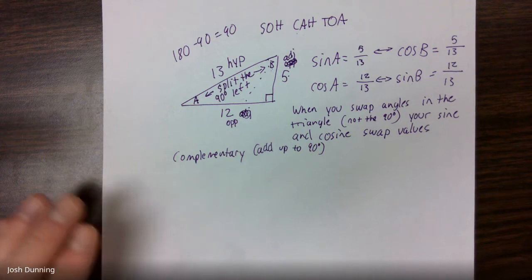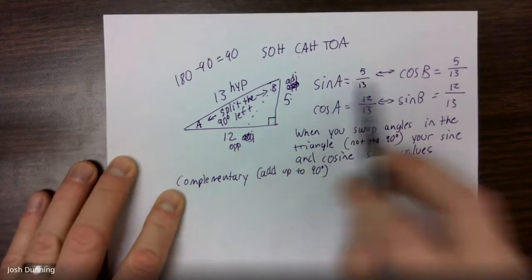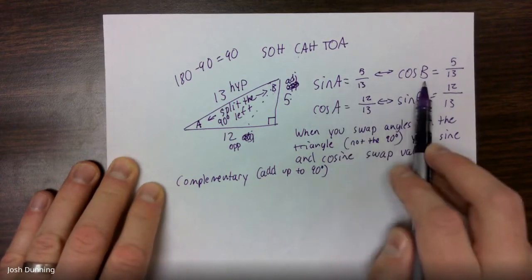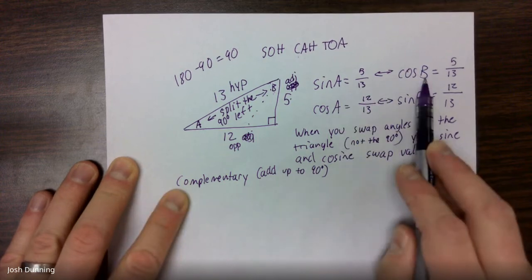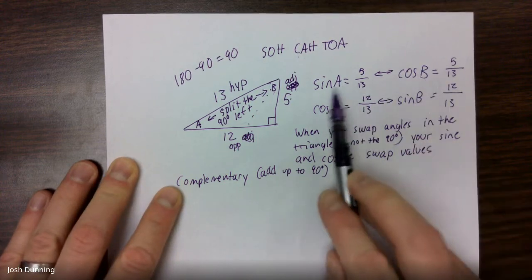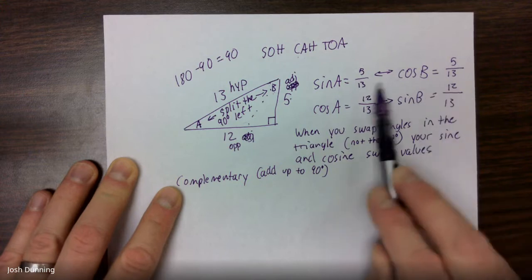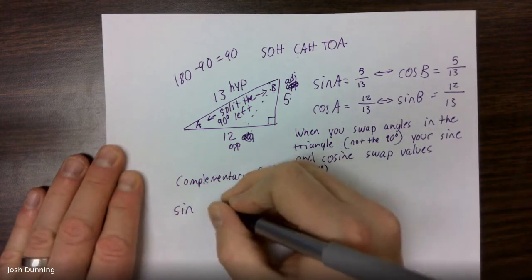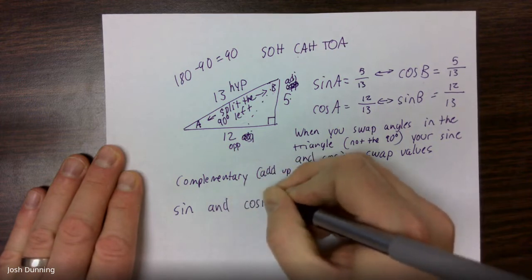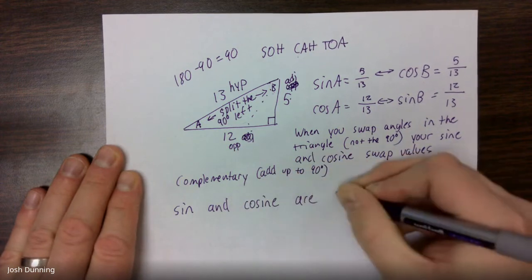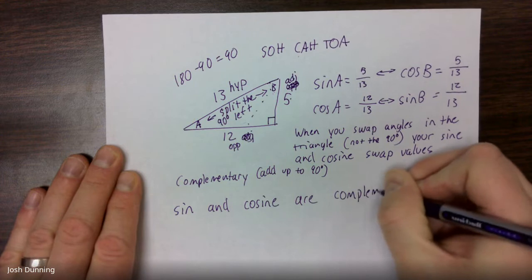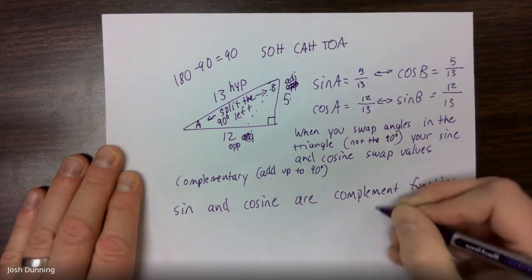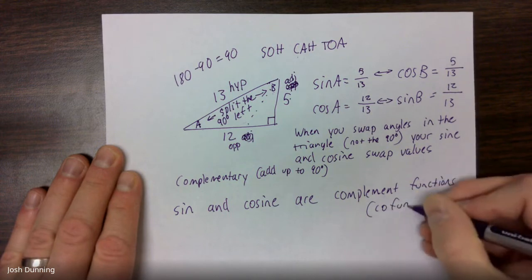So since when we swap angles, we're doing complementary angles, and you get equal outputs here, sine and cosine are complement functions, or cofunctions for short.